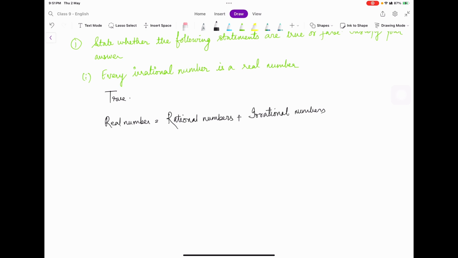In the exam you have to write the definition of irrational numbers. Then give an example of irrational numbers. Then write the definition of real number.